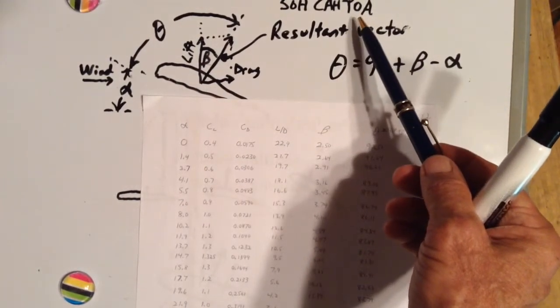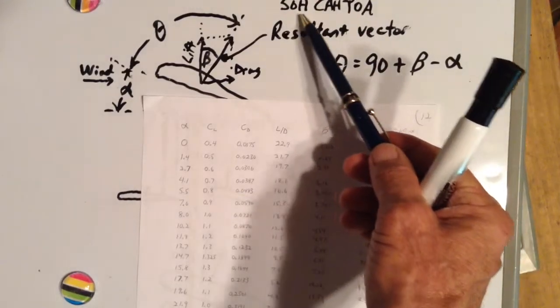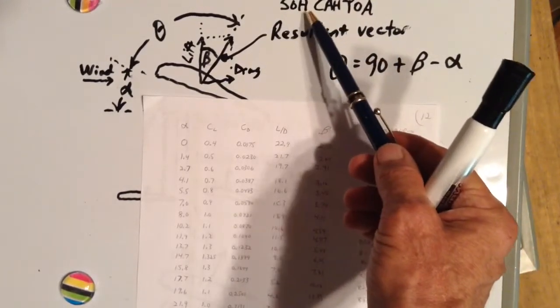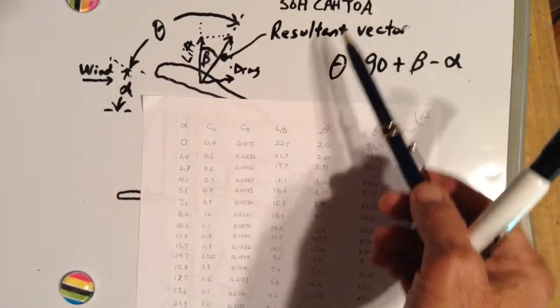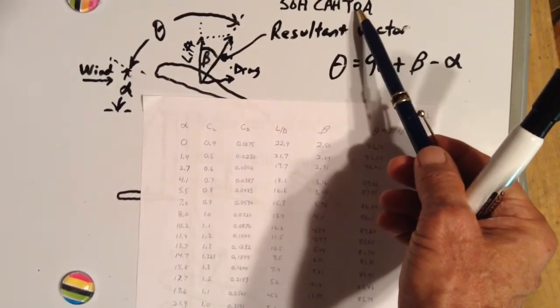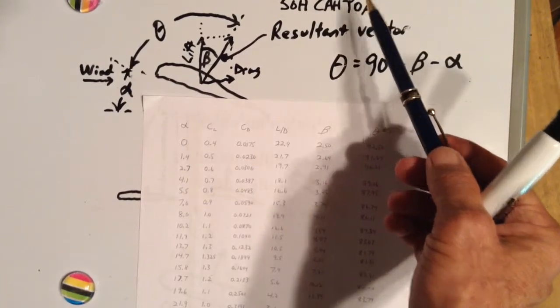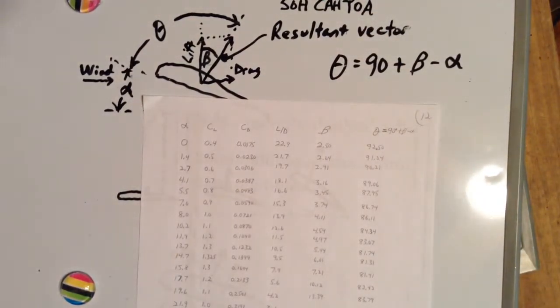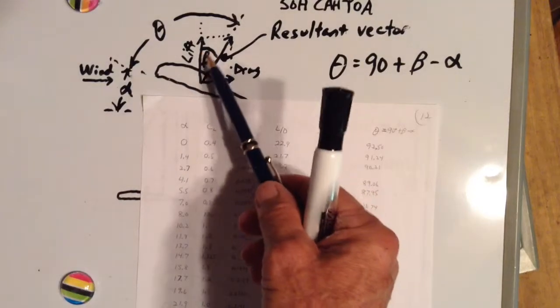So if we refer to our buddy SOHCAHTOA, we can see that we can use the tangent function, which involves the opposite side and the adjacent side of a right triangle, to determine this angle.